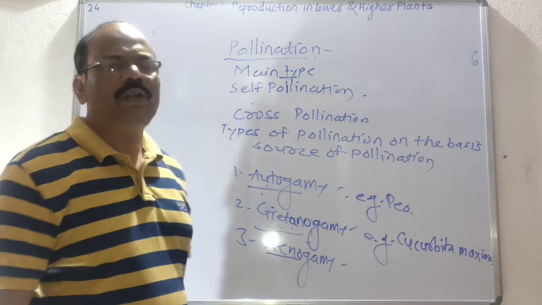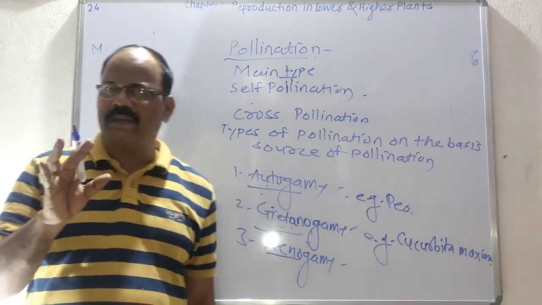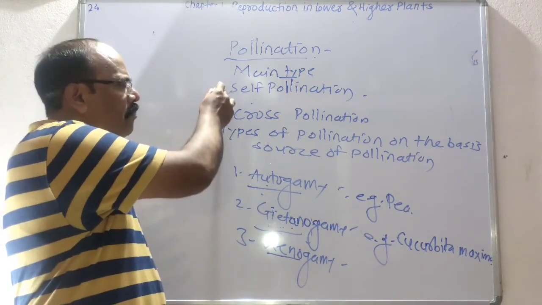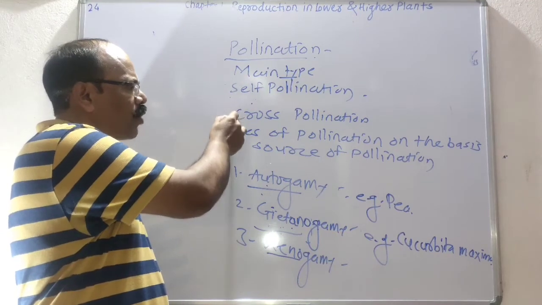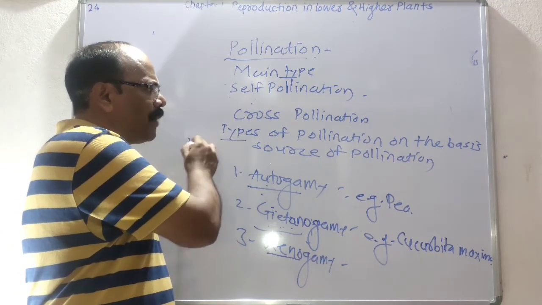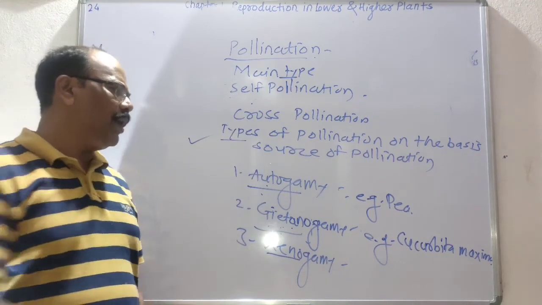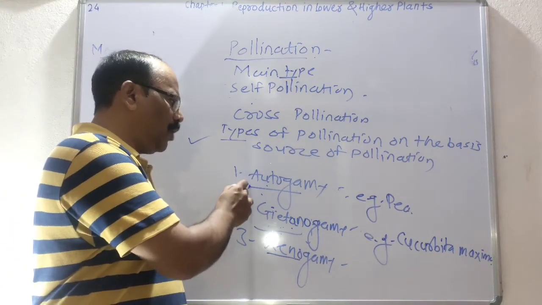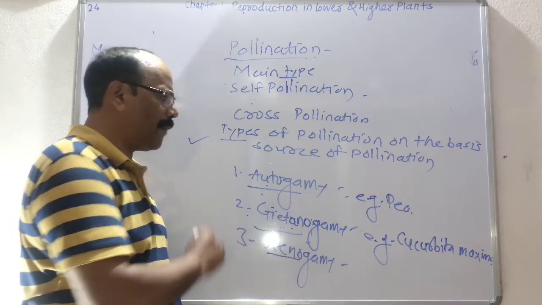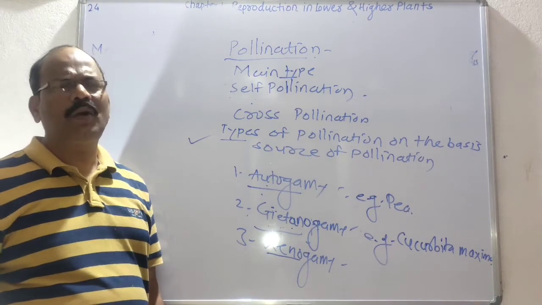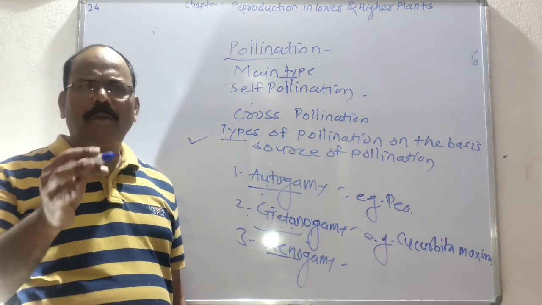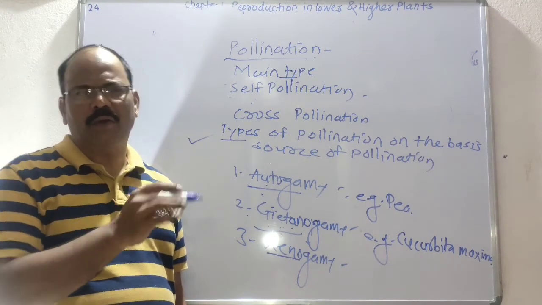Today we learn how the development of the female gametophyte will take place there, and we learn about the two main types, that is the self pollination, cross pollination, and types of pollination on the basis of sources of pollination. We learn under that article about the autogamy, geitonogamy, and xenogamy. Their definitions are important there, and like how the development of the male gametophyte, that point is important.